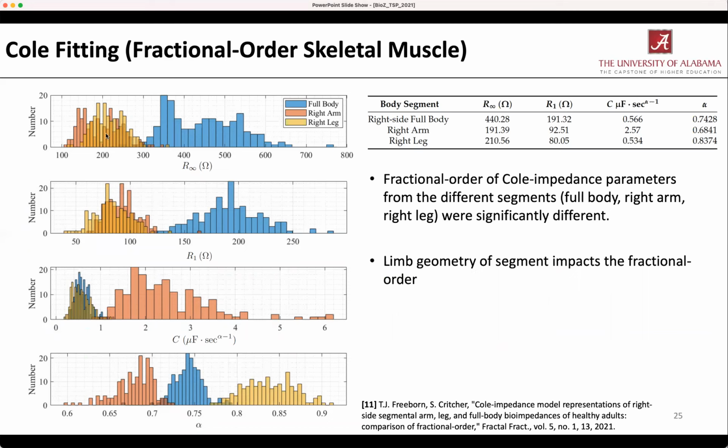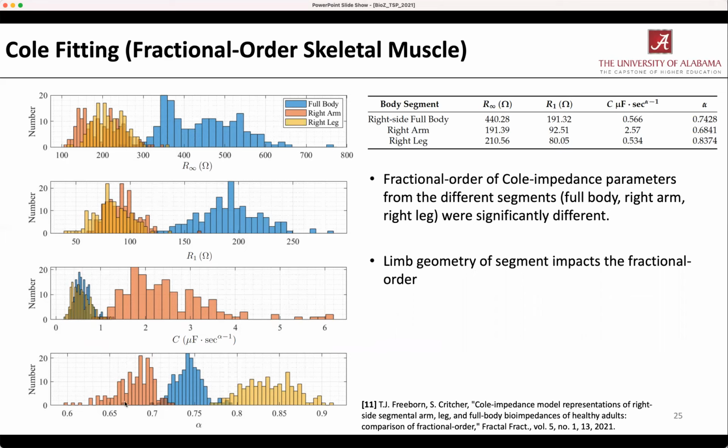Okay, the important one here. Differences between resistances, not unexpected. Differences between capacitances, sure, not unexpected. We're really focused on the order. So we see here the full body distribution was very tightly centered around 0.75. We are expecting all three, though, to overlap very similarly. We actually see a shift.